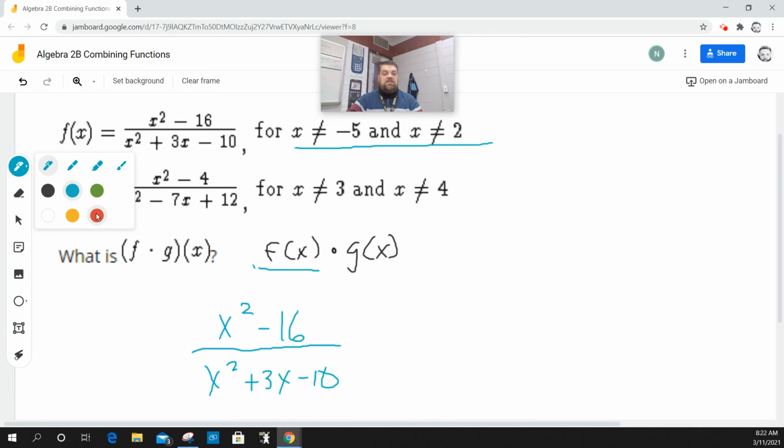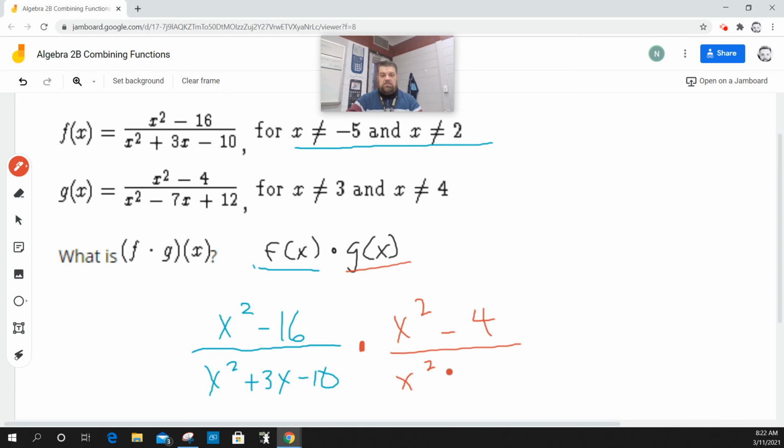So then the next thing is let's deal with g of x. So now that's going to be multiplied by g of x, which is x squared, I'm going to write that in red, minus 4 all over x squared minus 7x minus 12. So same thing, they've got x cannot equal 3 and x cannot equal 4.